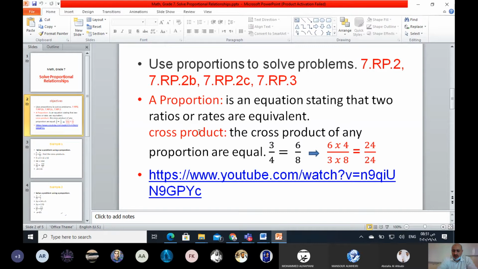A cross product means take 6 and multiply by 4, then take 3 and multiply by 8. 6 times 4 is 24, and 3 times 8 is 24. As you see, up and down have the same answer. This is the meaning of cross product.